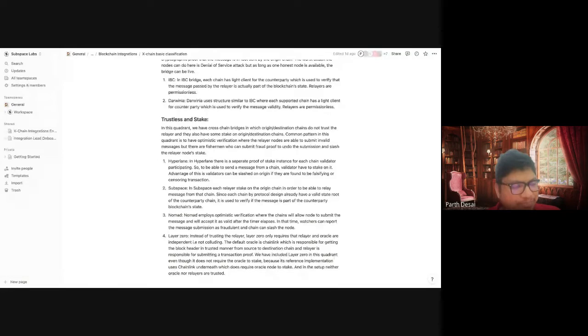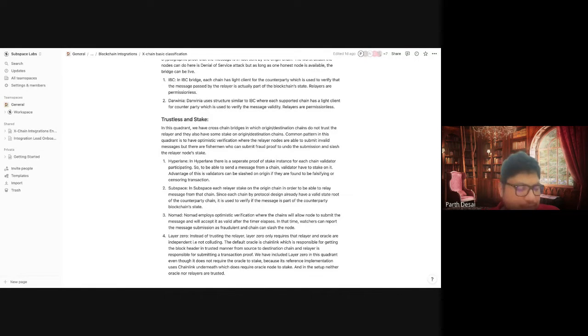The source validators are staked to transfer the outbox message, and the destination validators are staked to get the outbox message from there.